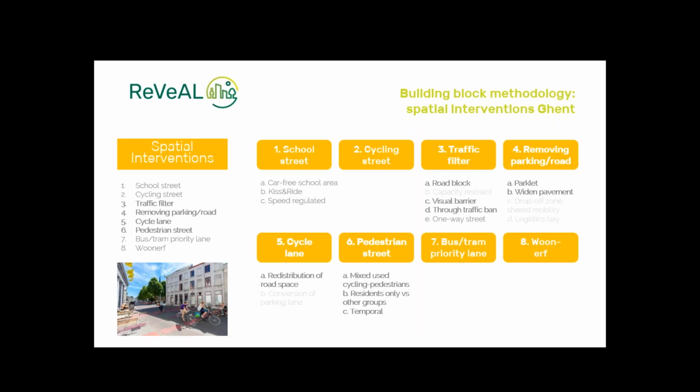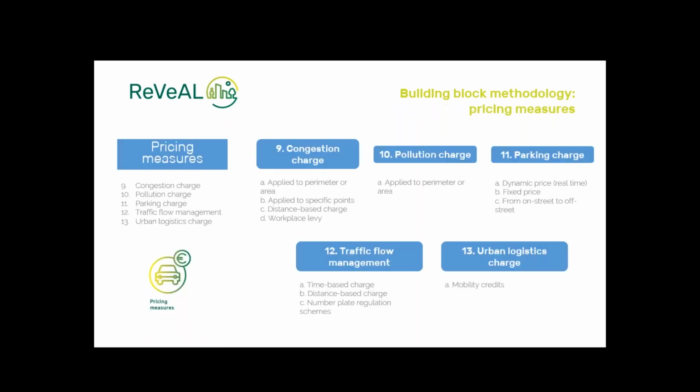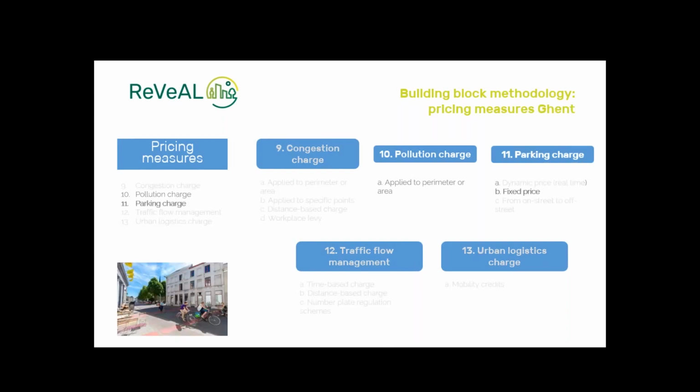So what we see is that a lot of these spatial interventions are part of our circulation plan, which is mostly a spatial strategy. But at the same time, if we dive deeper into our other measure fields, we can also see that other aspects are included in Ghent. For example, if we look at pricing measures, a fixed parking charge was also part of our circulation plan in Ghent.